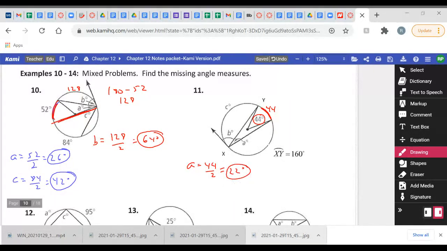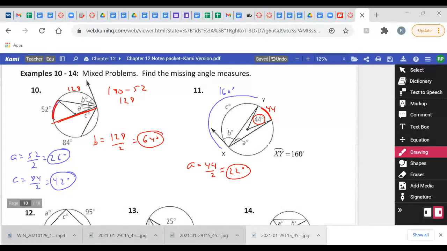All right, and then I can see here to the right that it's telling me that XY is 160. So I'm going to add that to my circle. So from X all the way to Y is 160. So that might come in handy. So basically that's what angle C is.